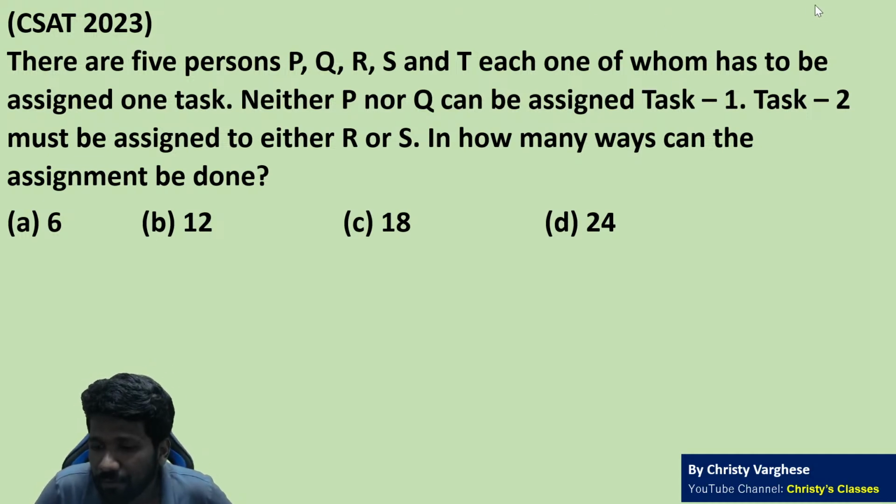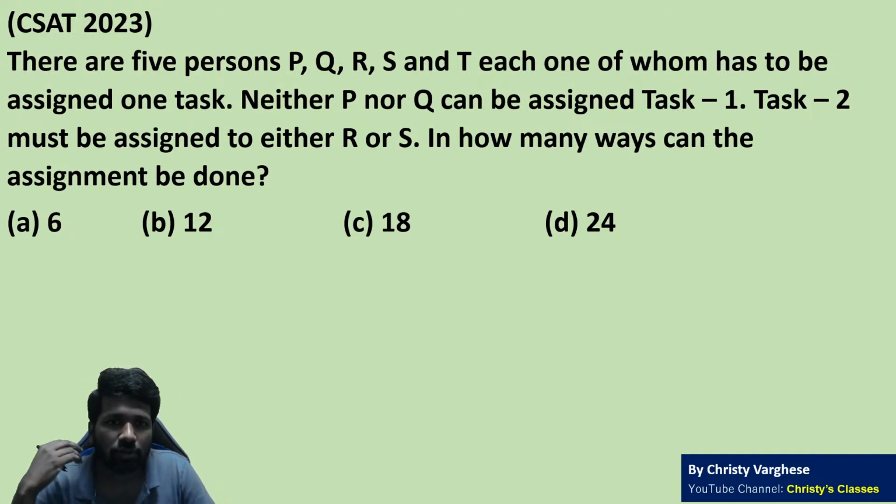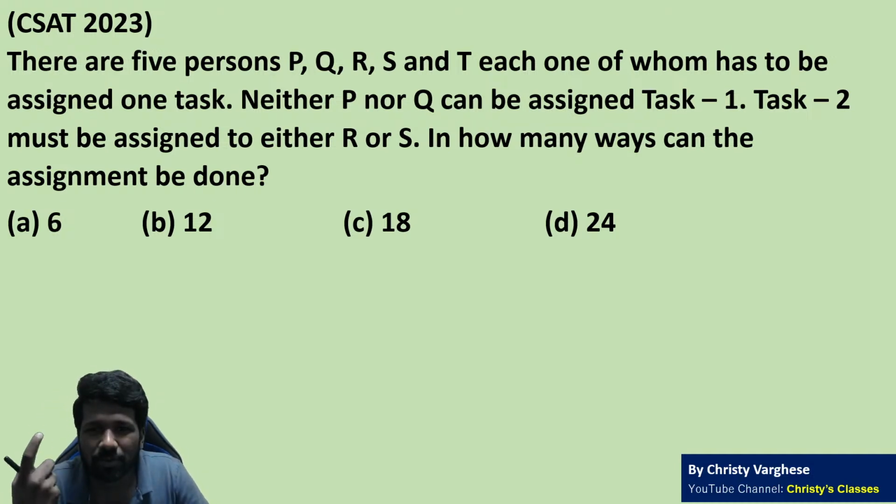Okay, so due to lack of time, I will start explaining. There are 5 persons P, Q, R, S, T, each one of whom has to be assigned one task. So compare it with the previous questions, then you will get a little more clarity.